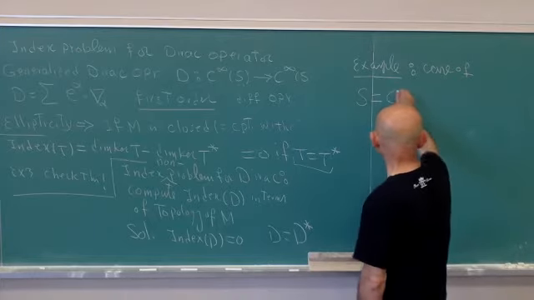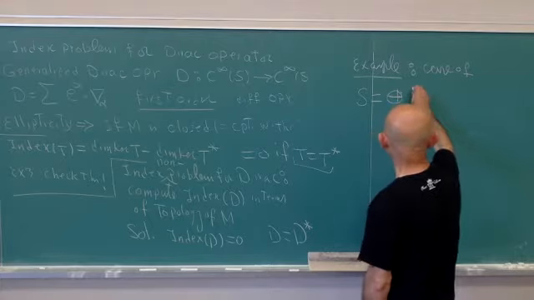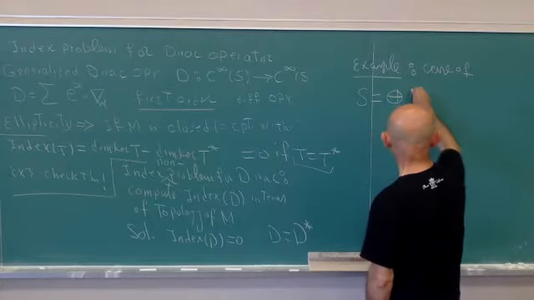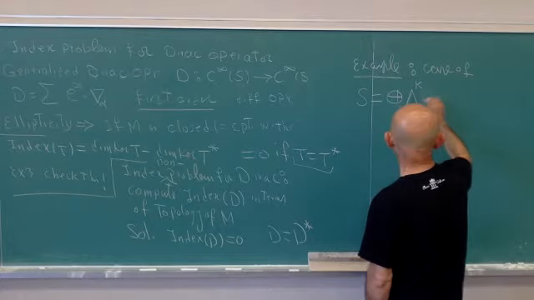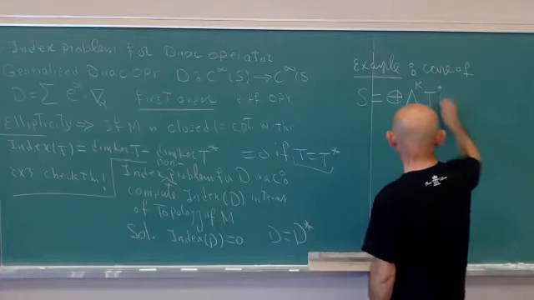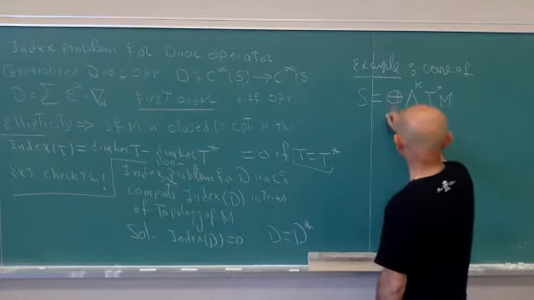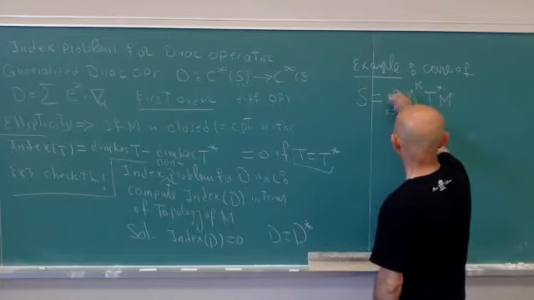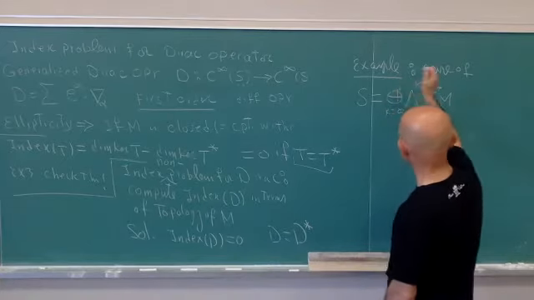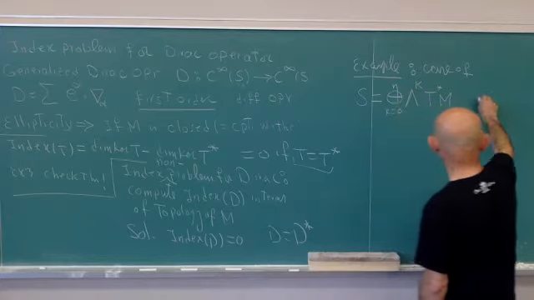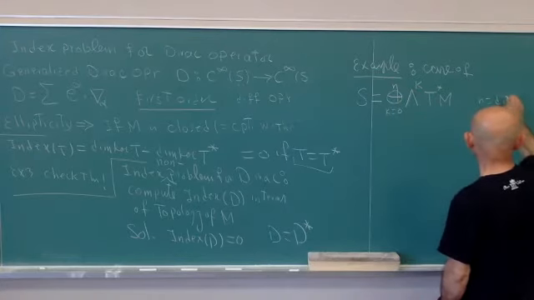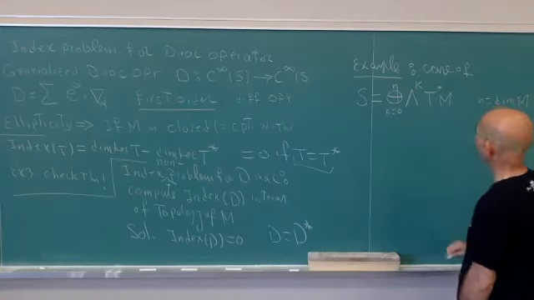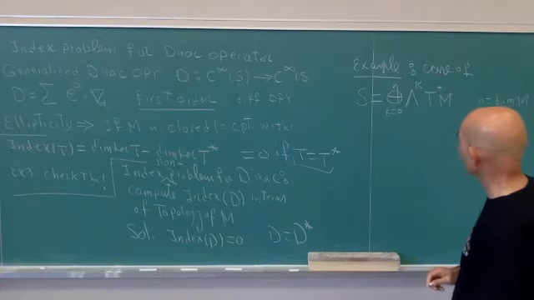So this is the direct sum of wedge K of T star of M, K from 0 up to n. Okay, so that's that case.